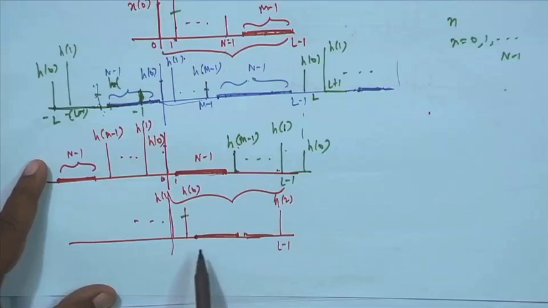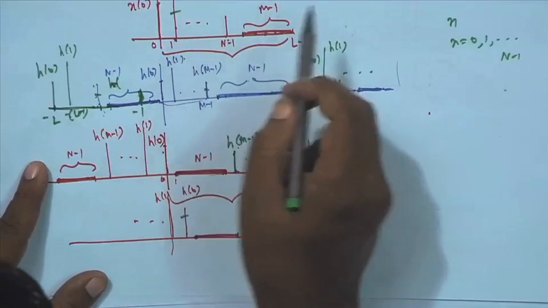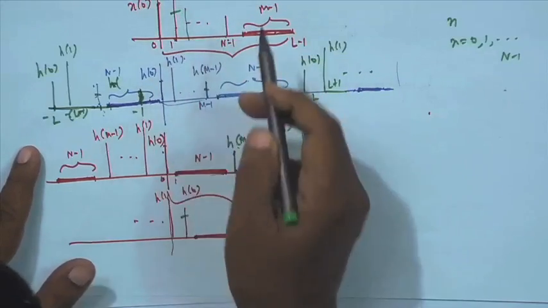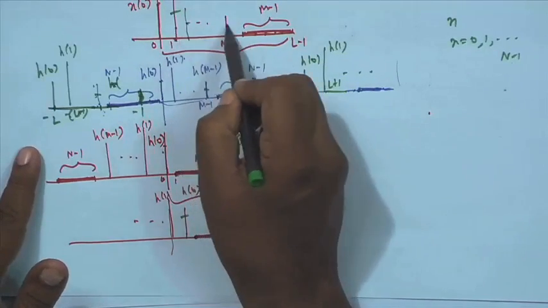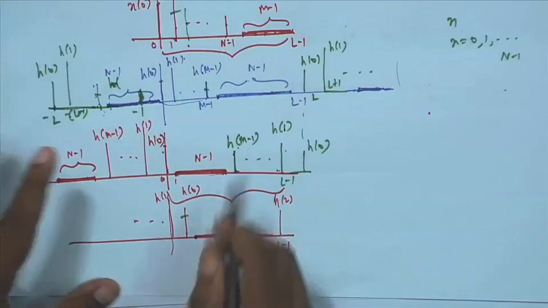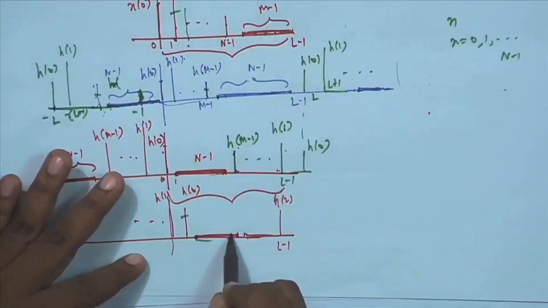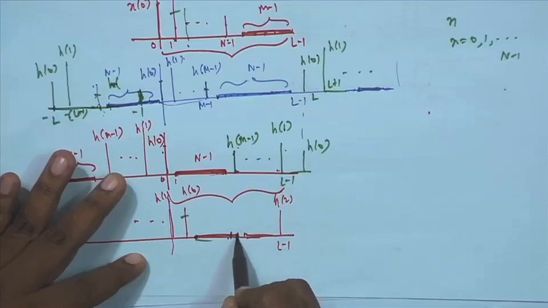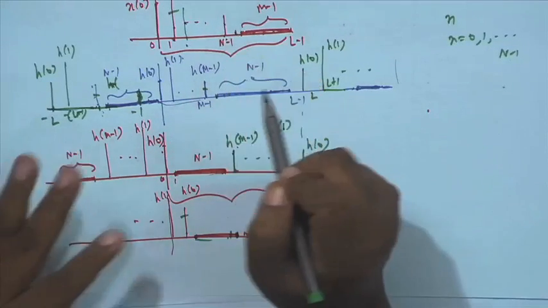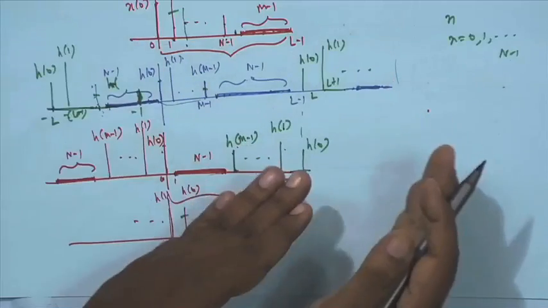How about the contribution from here? Here you have data, this part of the data, this is from 2 to n minus 1. This is multiplied by this extra 0 pad, okay. This is multiplying the first 0 here, because the 0 pad also has shifted.